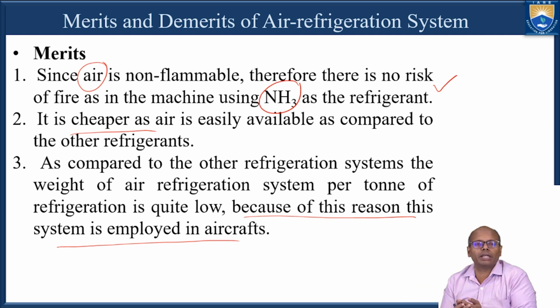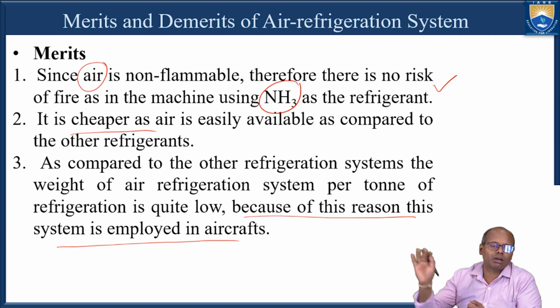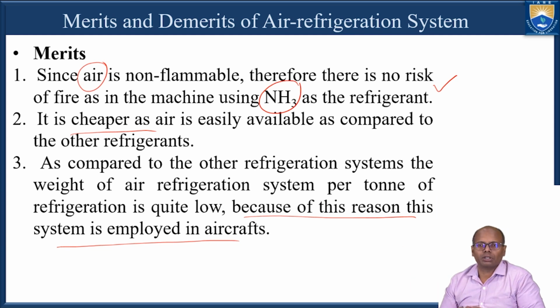We can take cool air from the atmosphere and reject the hot air into the atmosphere. So that is the reason. And another reason is compared to the weight of the cycle, the refrigeration effect produced by the reverse Brayton cycle is more than the vapor compression refrigeration cycle. So because of this reason, we use the reverse Brayton cycles in aircraft.